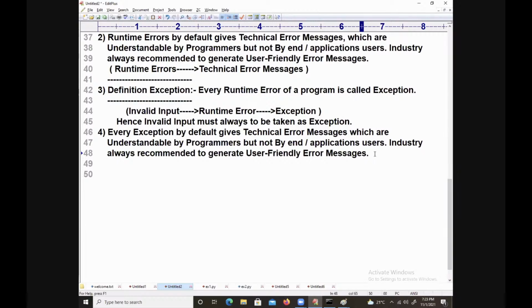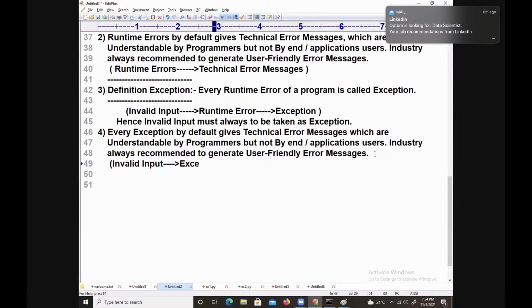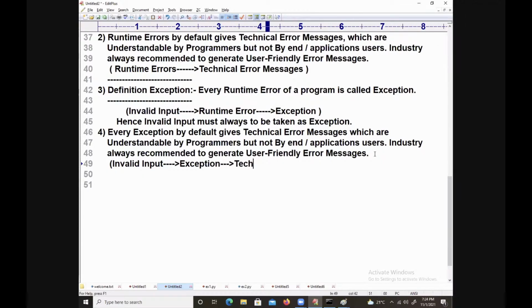That's why in the bracket I am giving invalid input. This is the one that gives you what? Exception. Exceptions by default give which messages? Technical error messages.